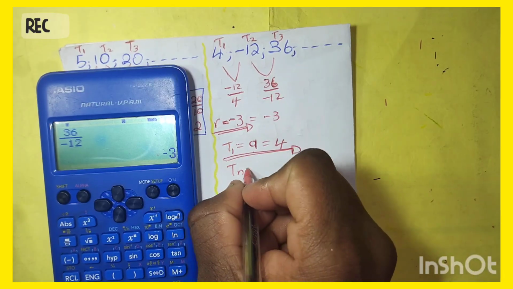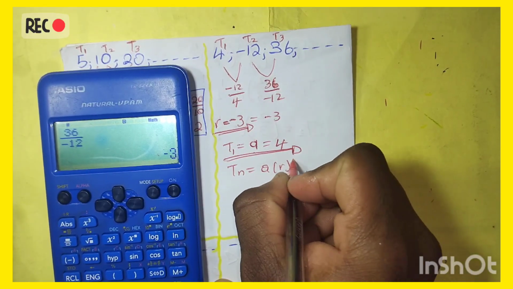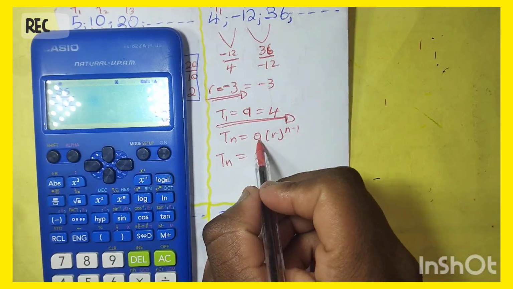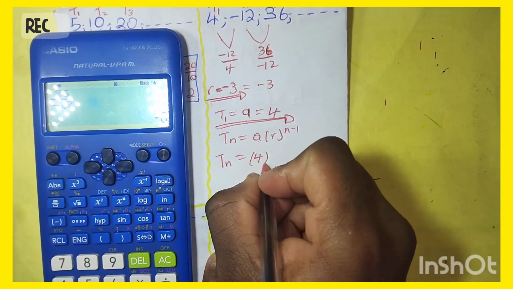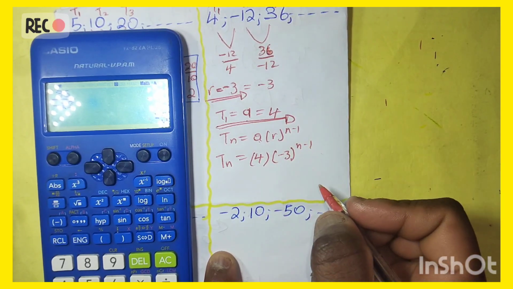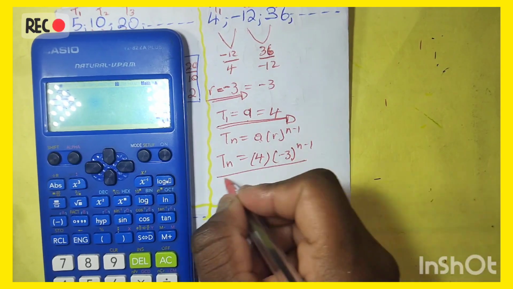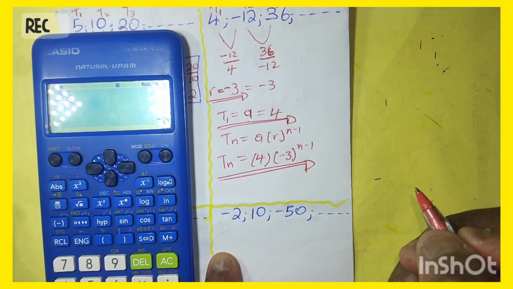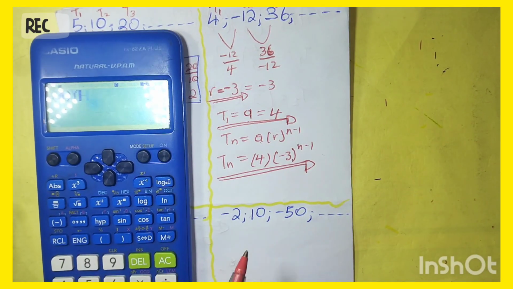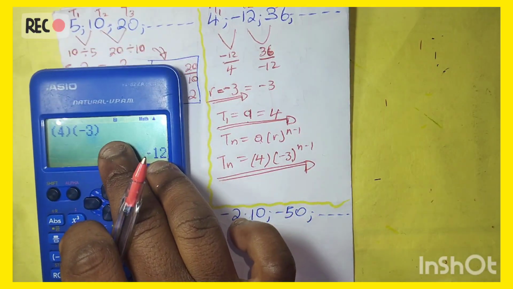I can just go to the main equation, our main equation for the geometric sequence. Substituting 4 for a and -3 for r, and you are done. There's no need to multiply these two things. If you do something like this, just know it's wrong. Please, guys, don't make these silly mistakes.